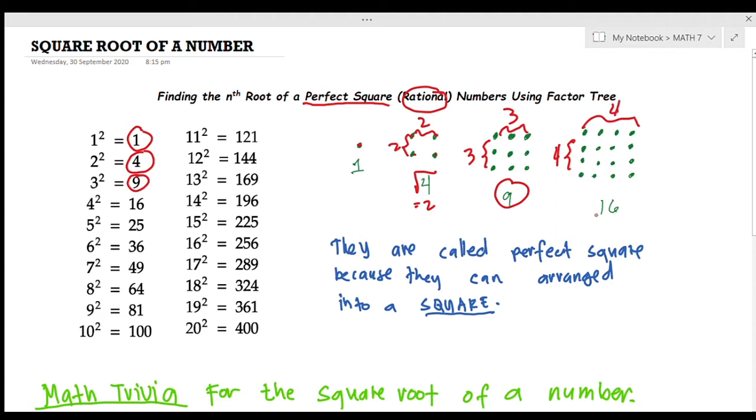So the result is 16. I hope that in this example, or in this discussion, you already have a hint on how to get the root of a perfect square.